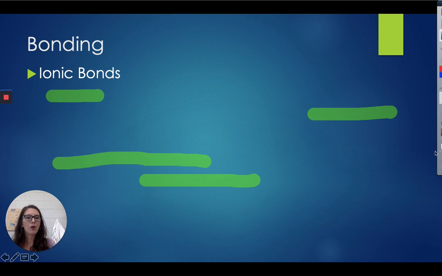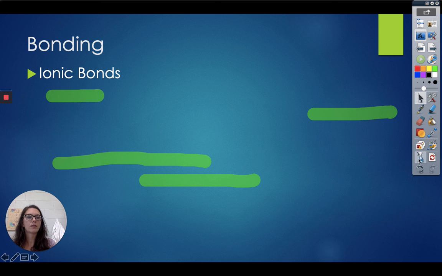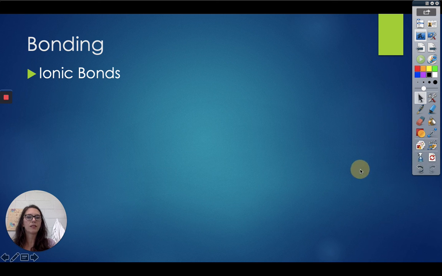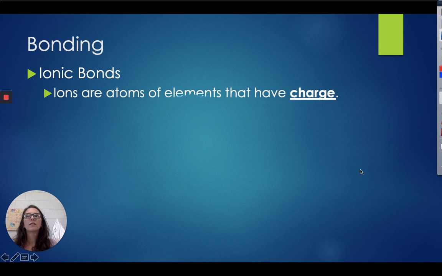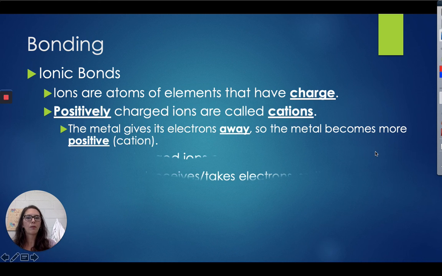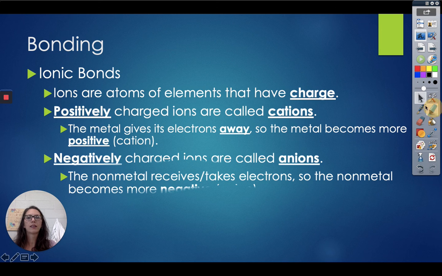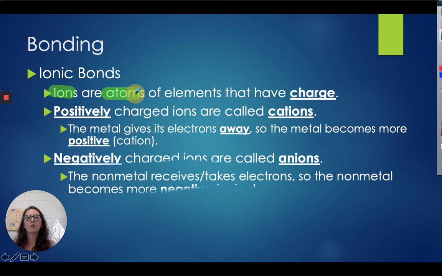Okay, so I think that's basically what I've got in this next slide here. So ions are atoms of elements that have a charge. That's definitely something we want to highlight. Ions, atoms with a charge. And then positively charged ions, we call those cations, okay?